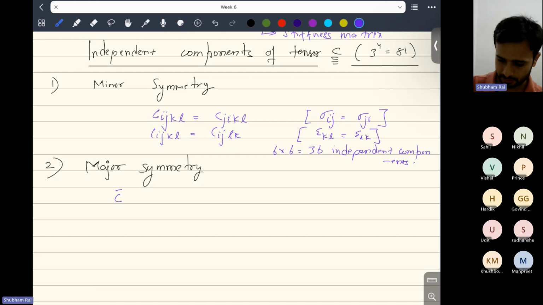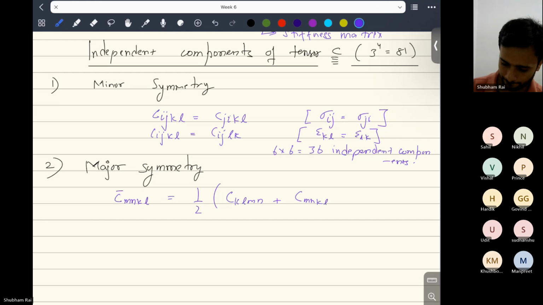We can use this C bar mnkl, which was expressed in the lectures as Cklmn plus Cmnkl. And if you see this component, if you bring mn in the front and kl to the last, similarly here, it is not going to change, because I'm just doing, you can see.